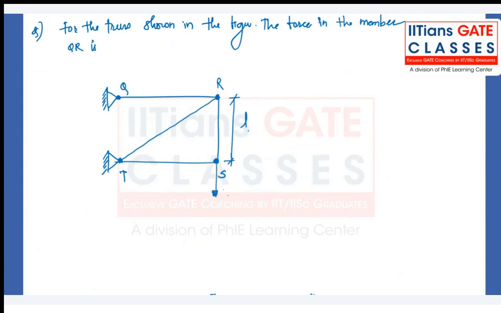Okay, look at this figure. We have a truss shown in this figure, and the force P is applied at point S. And what they're asking is the force in the member QR.